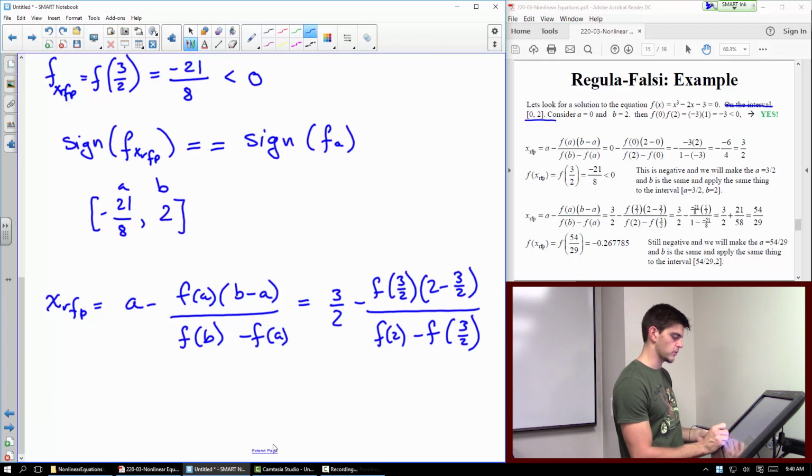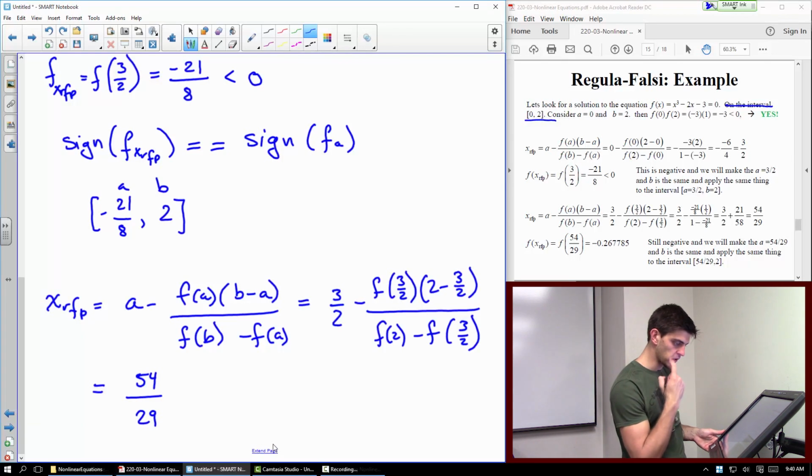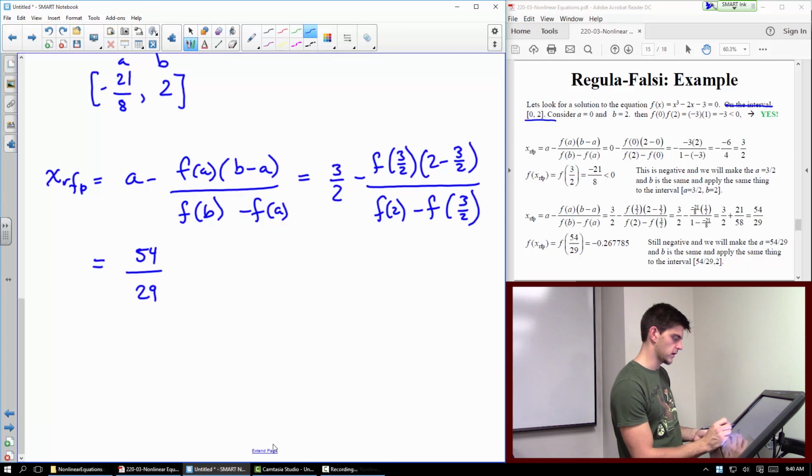And I'm going to skip through all the math, but that ends up equaling 54 over 29, which is our new x r of p point.